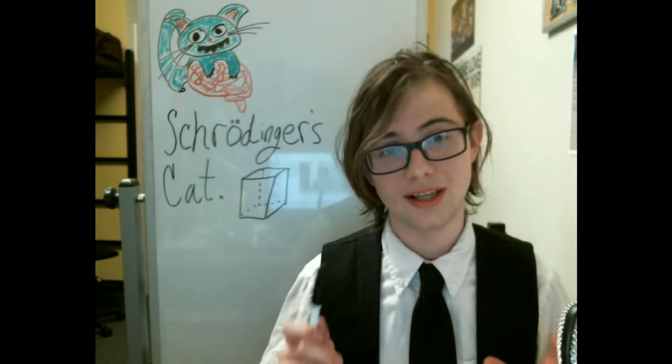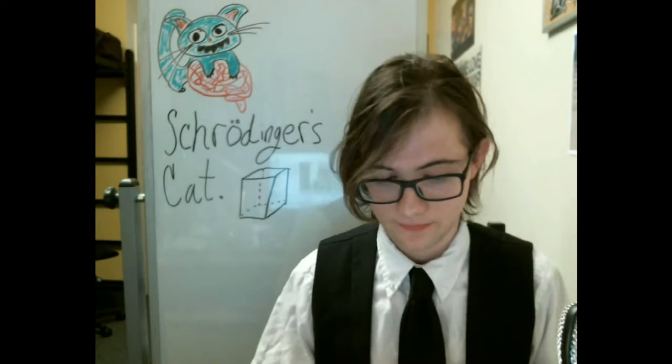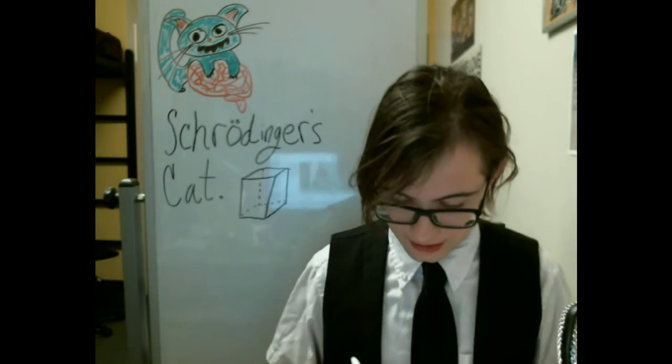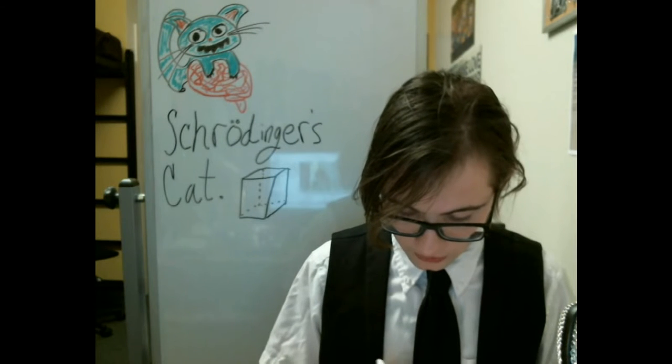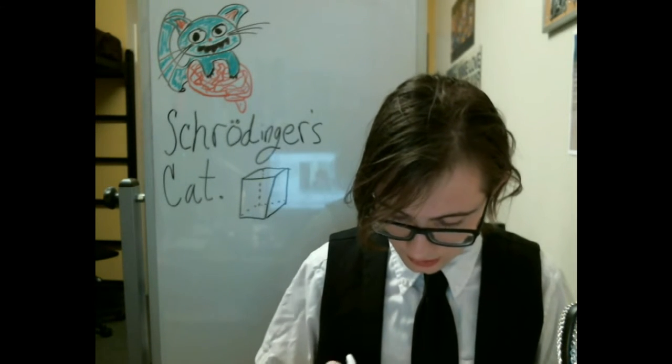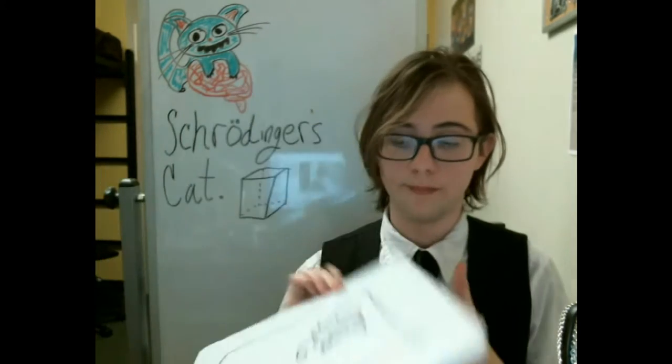And what he did was he said, say you take a box, and in that box you put a cat. So you have a cat in a box right now.